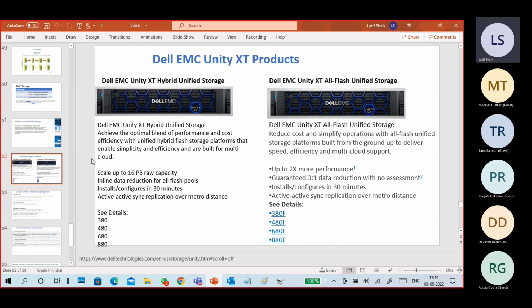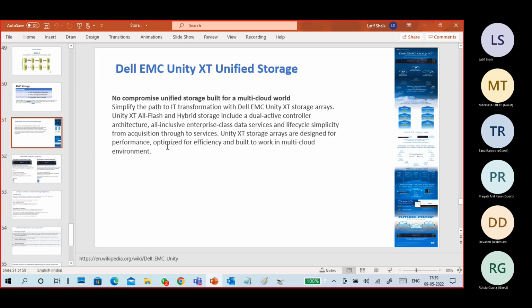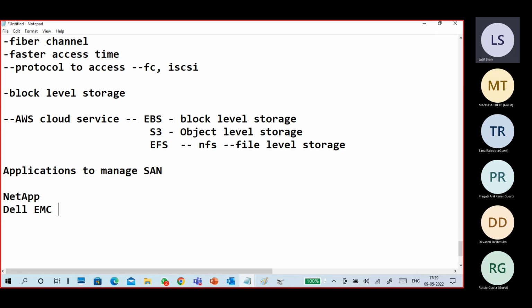Different series are there, EMC Unity XT products. IBM also provides different kinds of applications, virtual apps for storage management, and direct devices.